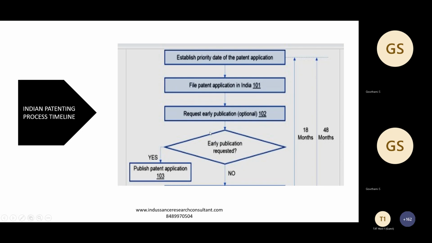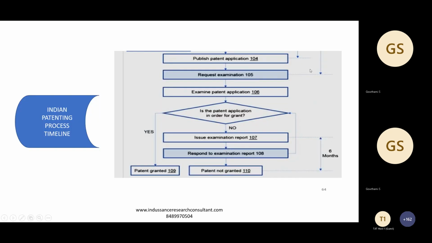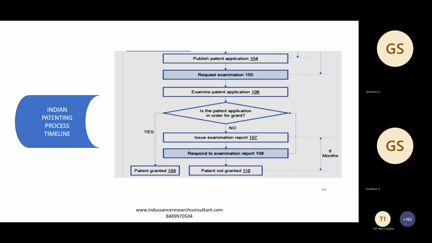If not, then after 18 months, which you can see here, the patent will be published. Otherwise the entire process will take 48 months, and after 18 months, this will be published.